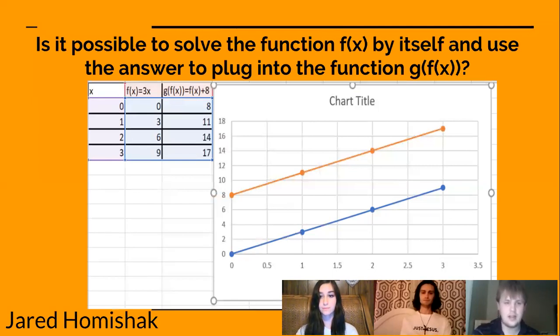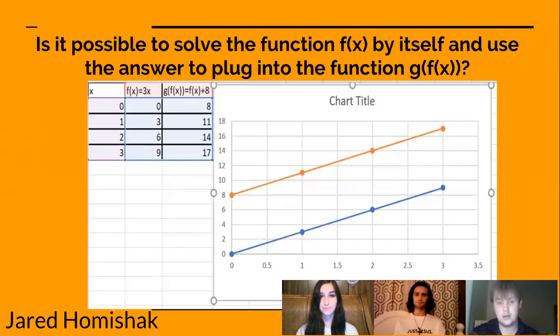And once again, that also works with 2, because 3 times 2 is 6, and then you add 6 plus 8 to get 14. And this is how I would actually prefer to do it, especially when the equations get more complex. If this were like 3x squared plus 9, then it would be much more complex to plug that in, 3x squared plus 9 plus 8, than it is to just solve it on its own.